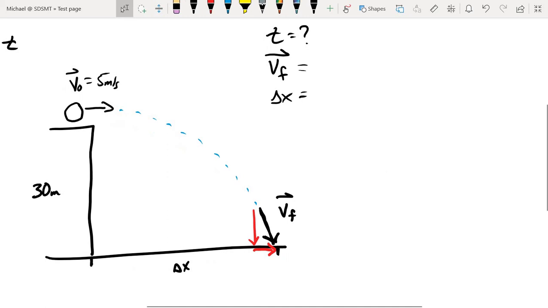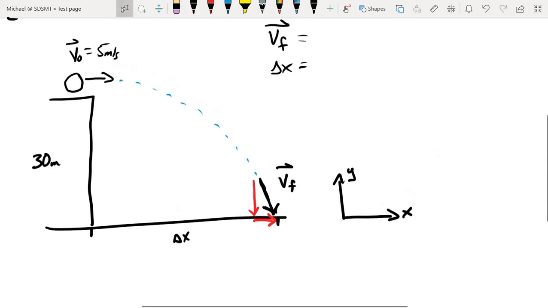In other words, if we set up a reference frame like such, so this goes back to our 10-step problem-solving process. After you have everything drawn out and labeled, now is the time to select your reference frame.